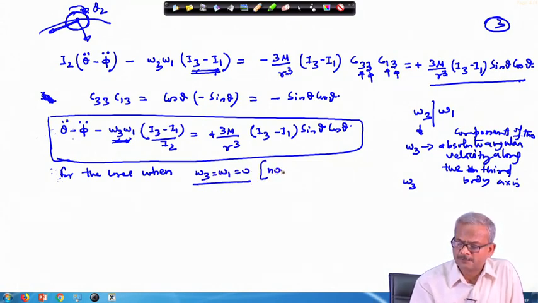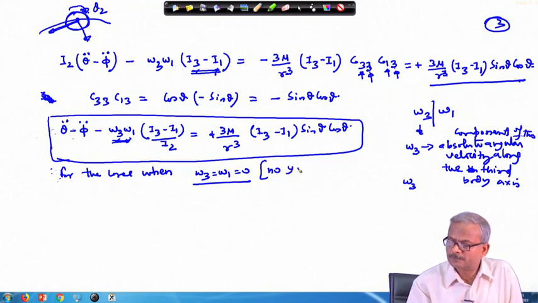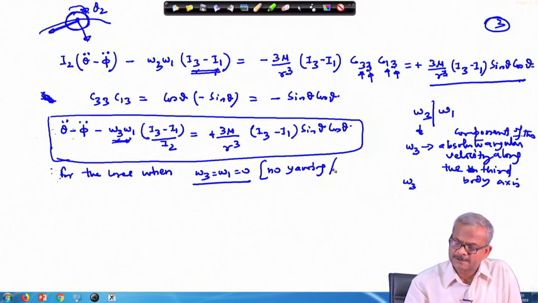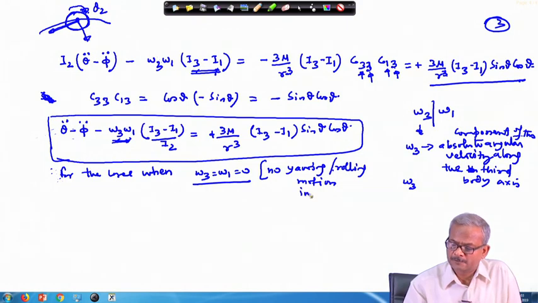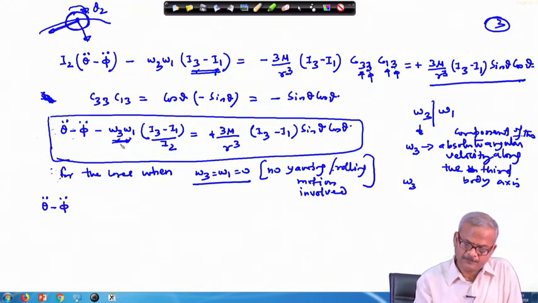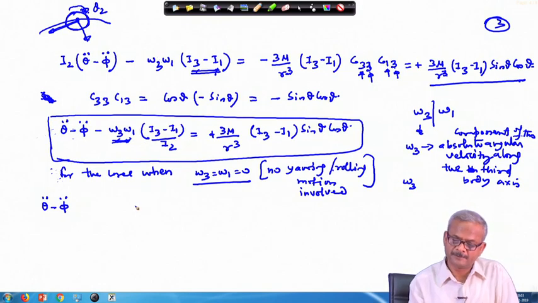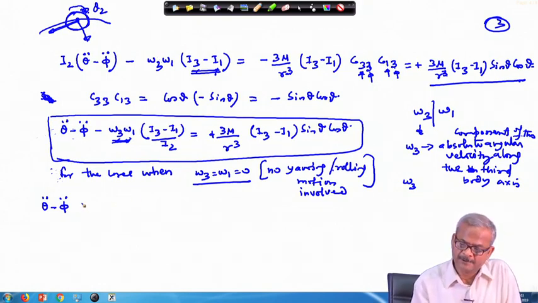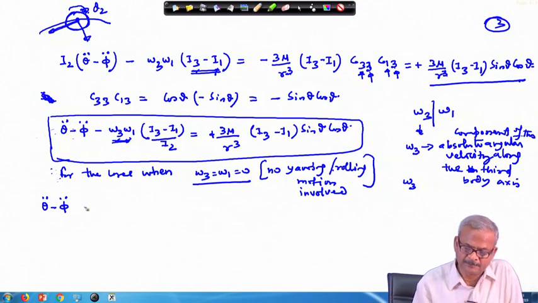Okay. So, no yawing slash rolling motion. This motion is not involved. So, in that case your equation gets simplified. Otherwise, if you take it, the equation will be very complicated. Itself we will see that in the elliptical orbit this turns out to be a nightmare.